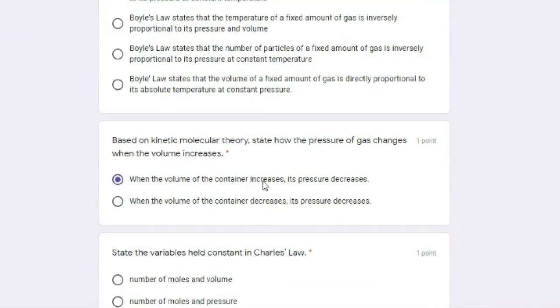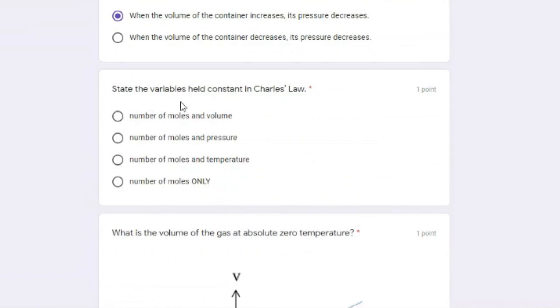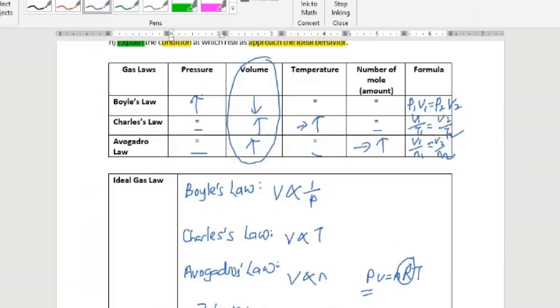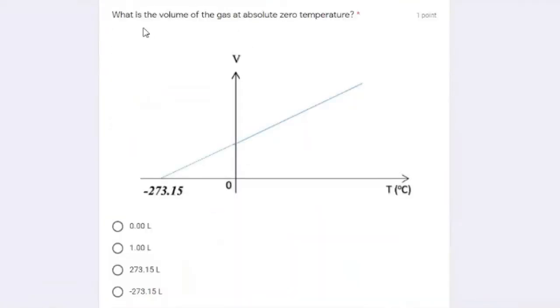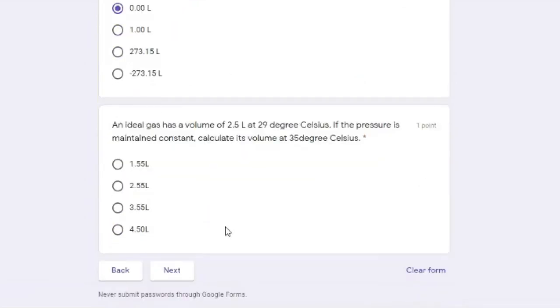And this one, state the variables for Charles' law held constant. Charles' law, which one is constant? B. Pressure and number of mole. Okay, this one. What is the volume of the gas at absolute temperature 0? Yeah, 0.